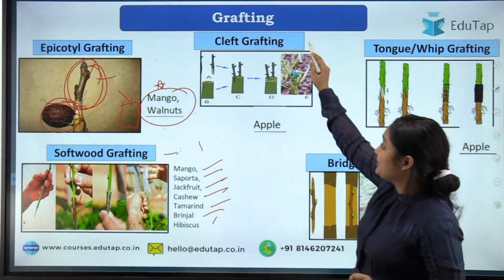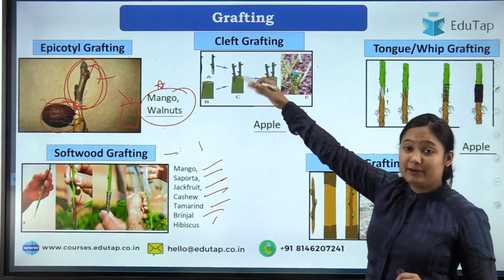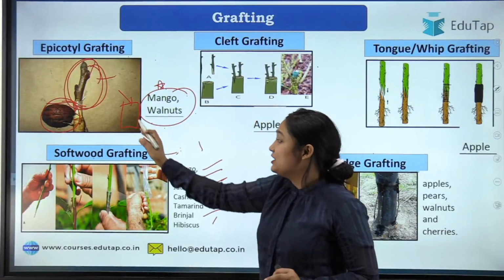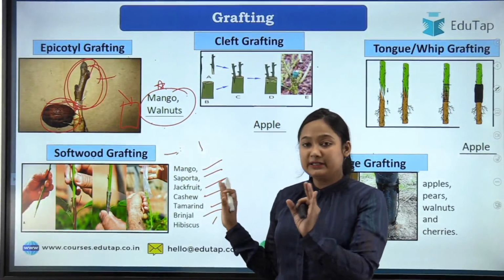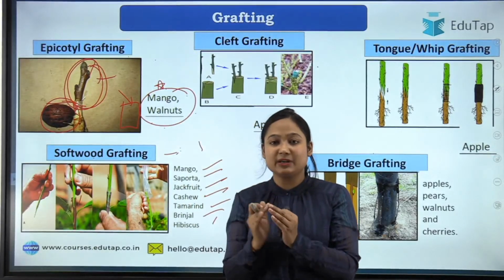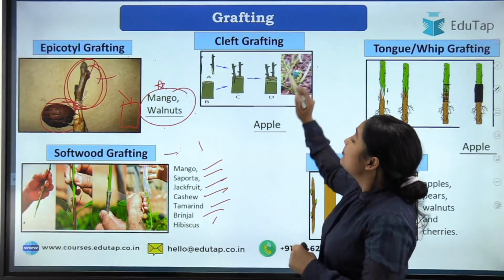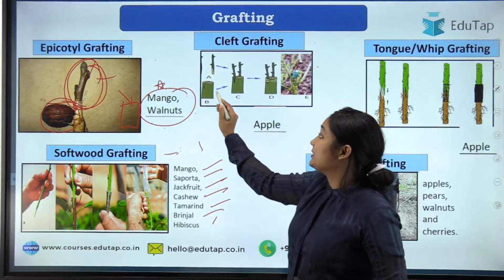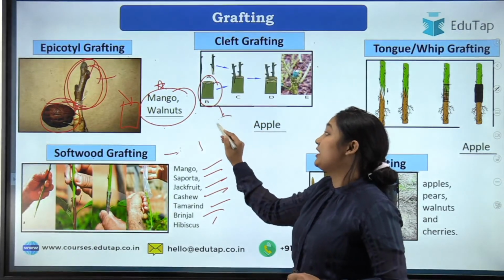Now talking about cleft grafting, what happens? See, cleft grafting is very interesting. Usually in grafting, we make the size similar so that one fits in the other. But in cleft grafting, the stock material we take is very thick wood, a trunk-like structure.